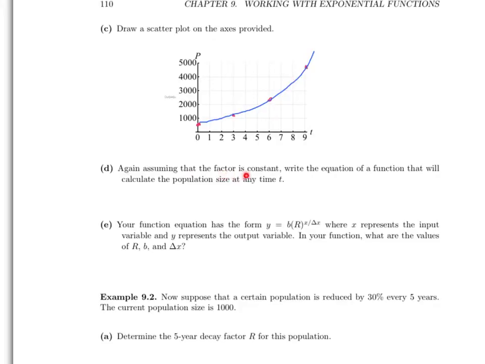Assuming that the factor is constant, write the equation of a function that will calculate the population size at any time. Well, we were very close to creating a function equation on the last page.